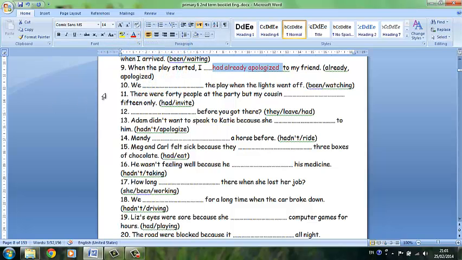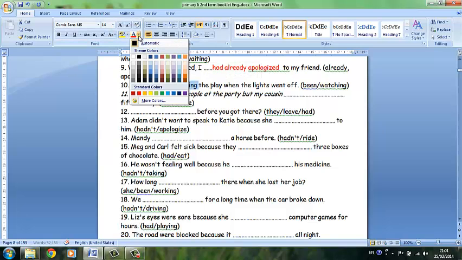So the next one, number 10. We had been watching the play when the lights went off. So what is the answer? Yes, we had been watching.